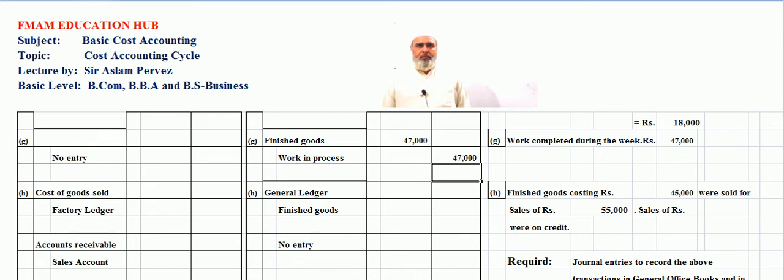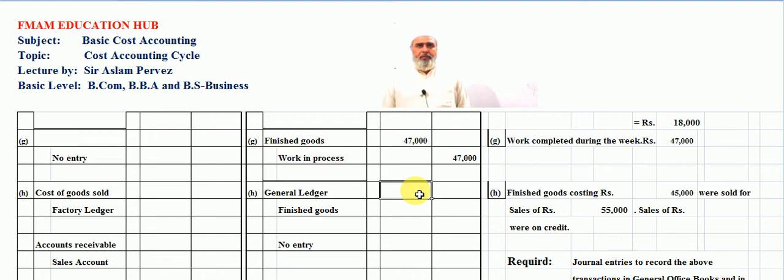Now students, finished goods costing 45,000 rupees were sold for sales of 55,000 rupees on credit. Students, a part of finished goods which is ready to sell in the market is 45,000 rupees.